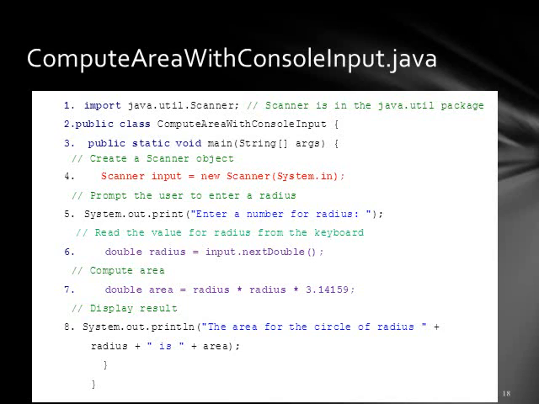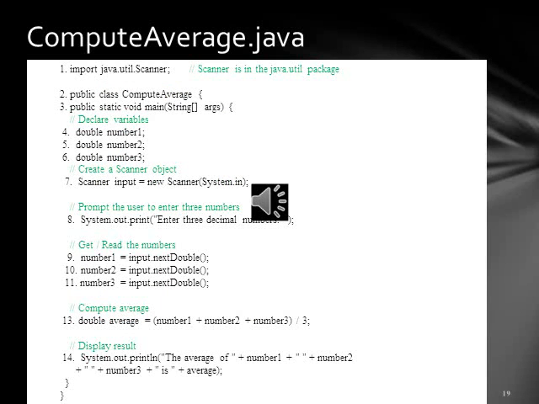Notice that there's spaces before and after the word is. That's so our output message will be readable, and the values for radius and area aren't just jammed up against the word is with no space.